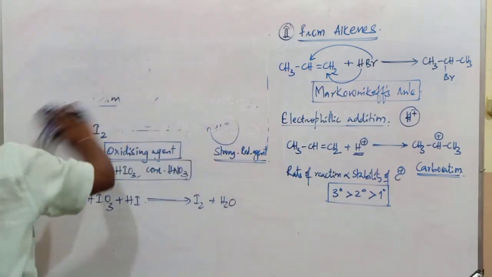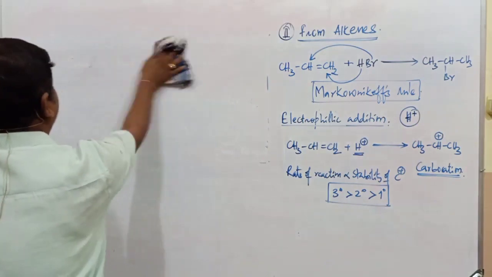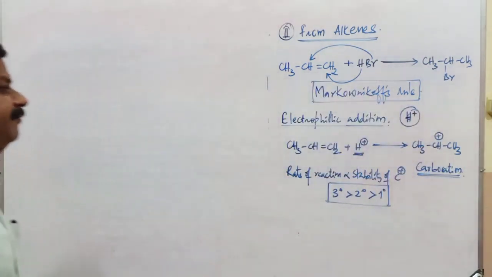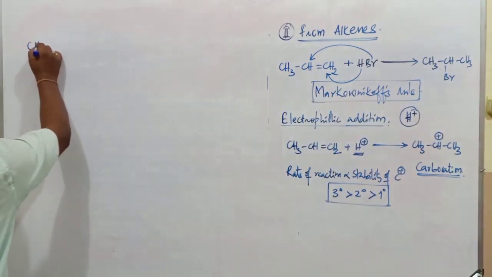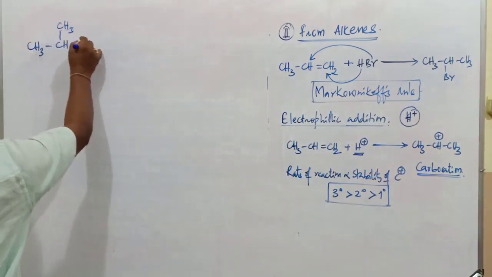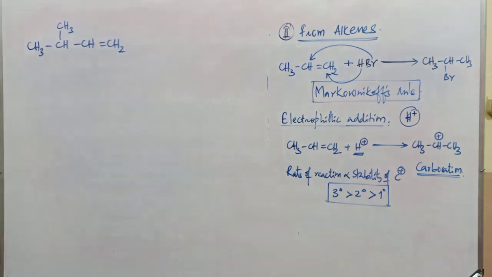Now in some cases, Markovnikov's rule does not explain the formation of the compound. If I take one simple example, this is CH3, this is CH=CH2, a compound, 3-methyl butene.